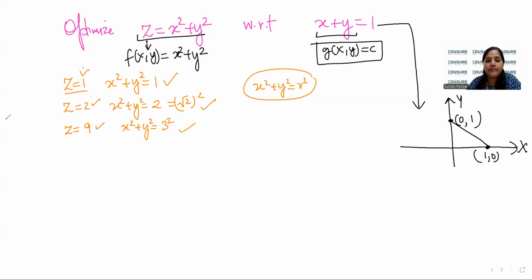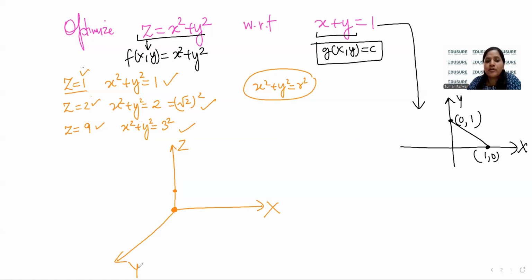So basically what is happening is this. This is x-axis, this is y-axis, this is z-axis. So when x and y are both equal to 0, I get z equals 0. Then as we put z equals 1, I am going to get a concentric circle, x square plus y square equals 1.